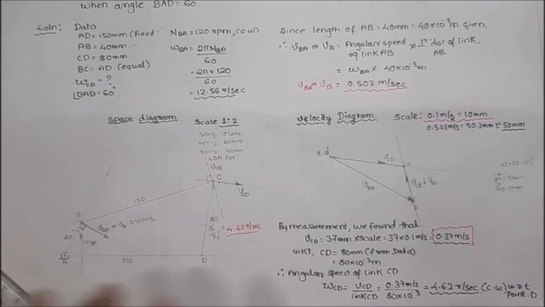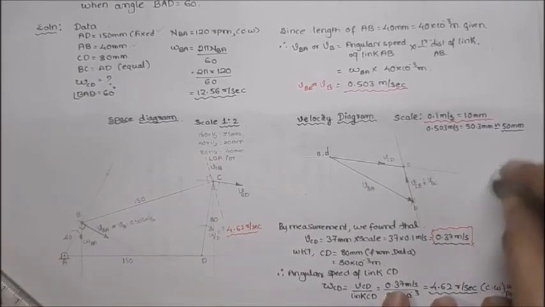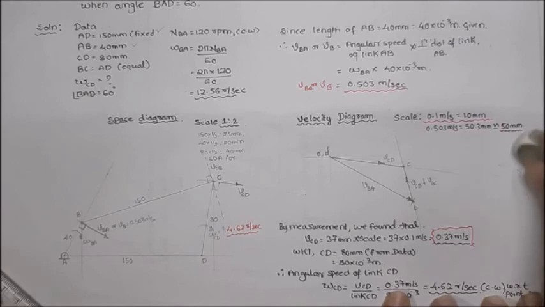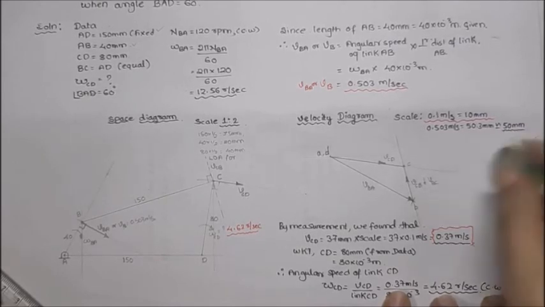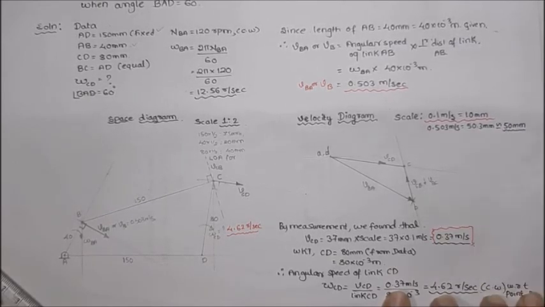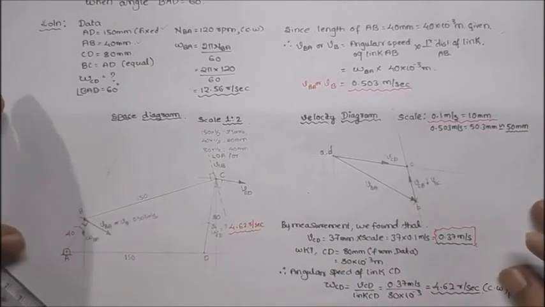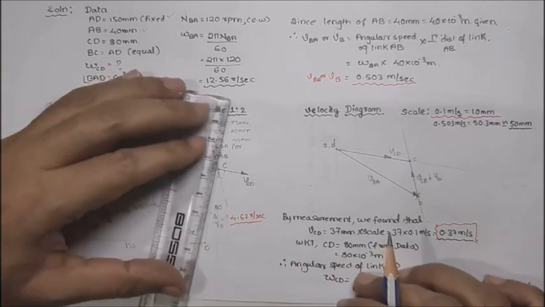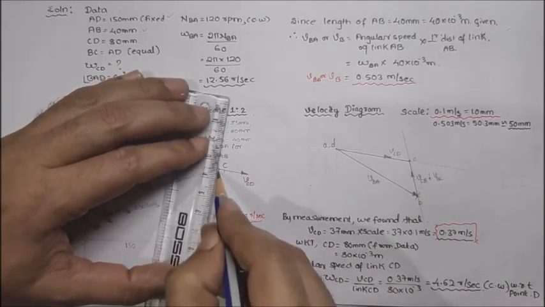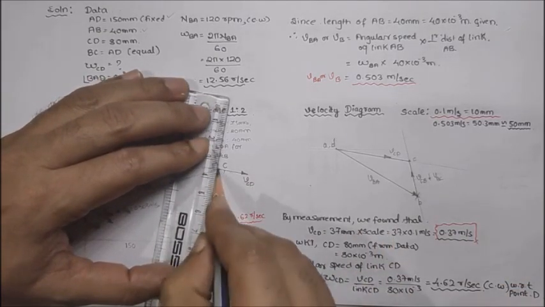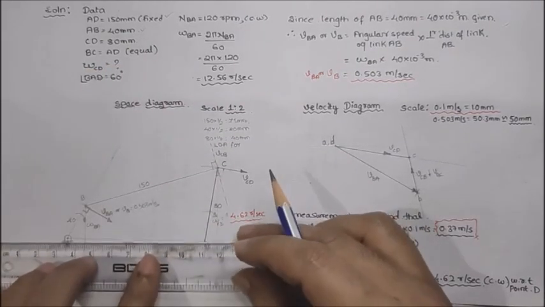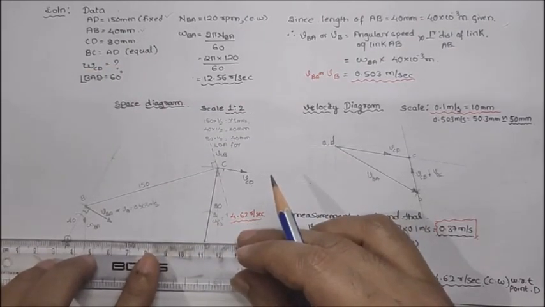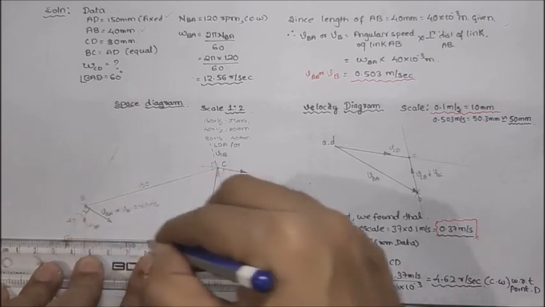So if you are having something unnecessary here, you can keep it, no problem, but if you want, you can highlight what you have done. So this is what our problem is. And moreover, what I am recommending you is to use a protractor rather than using a roller scale or any other devices.